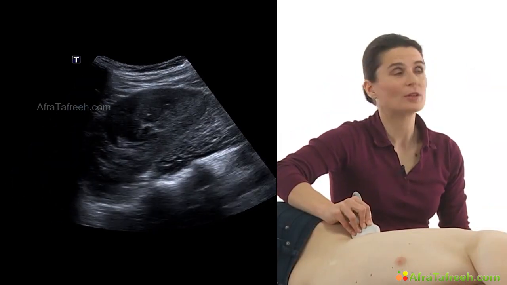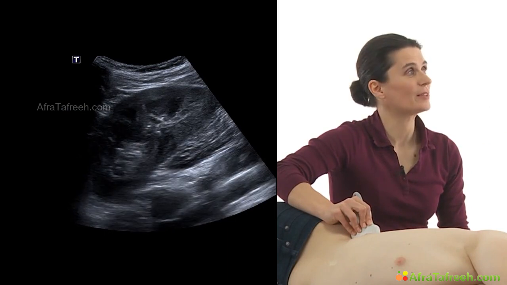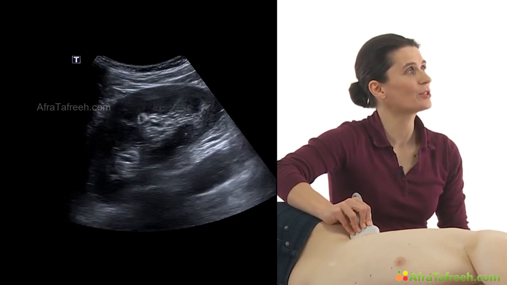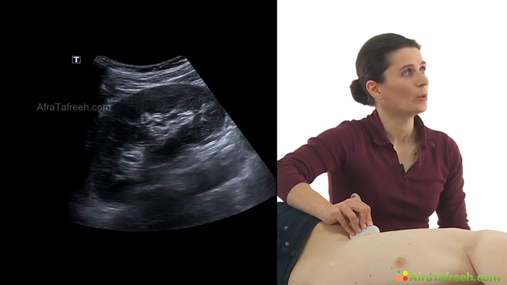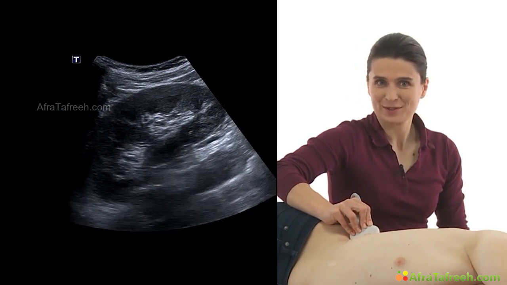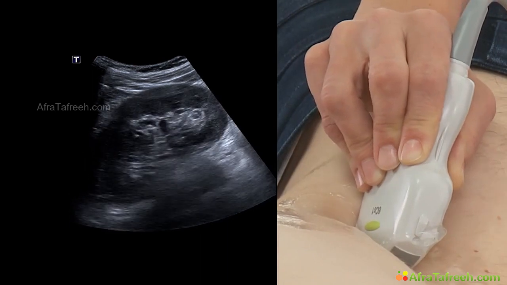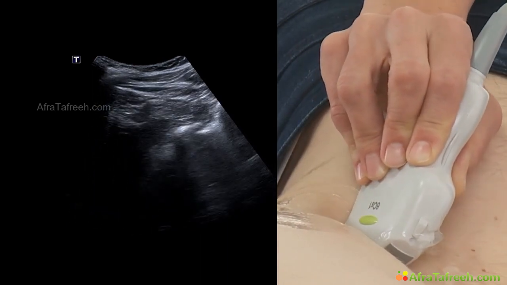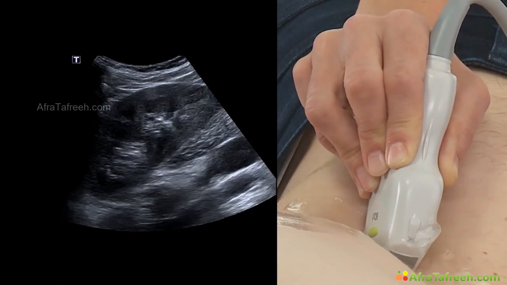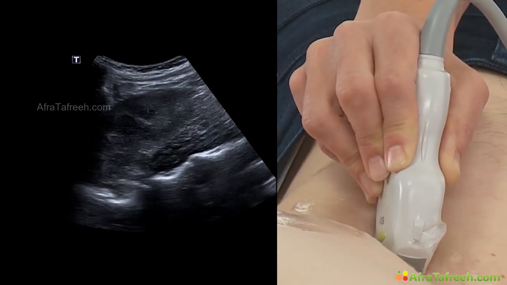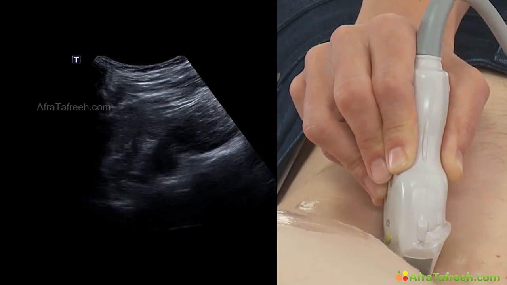When we get a perfect longitudinal view of our right kidney in this approach, in the longest diameter, we start again to tilt our transducer to the left side more and to the right side, so that we can perform a longitudinal scan through the whole kidney.